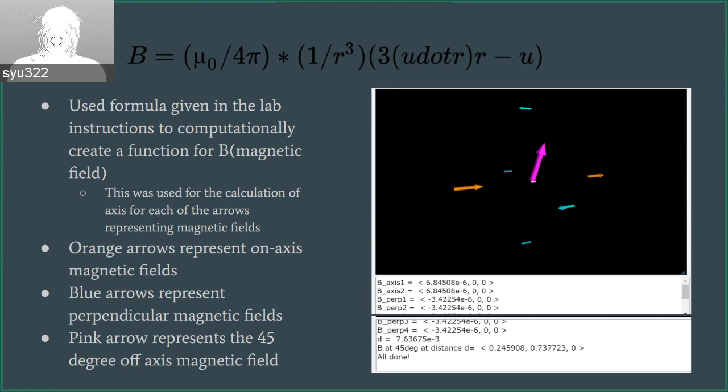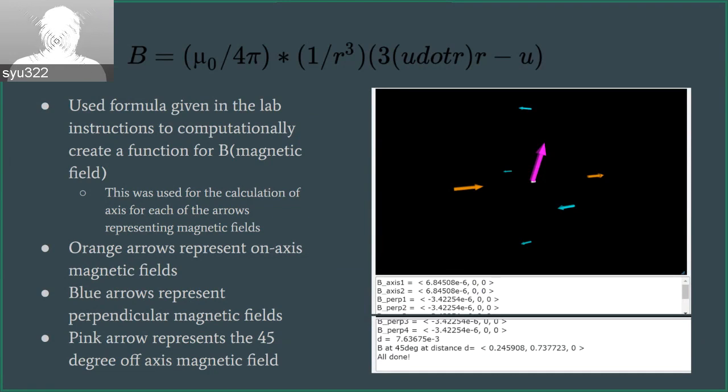Looking at the output on the right, the orange arrows represent the on-axis magnetic fields pointing to the right, and the blue arrows represent the perpendicular magnetic fields. As you can see, as they're perpendicular, they would point in the opposite direction. The pink arrow represents the 45-degree off-axis magnetic field, and as you can see, it's very, very close to my magnet, and that was what I got in my lab results.